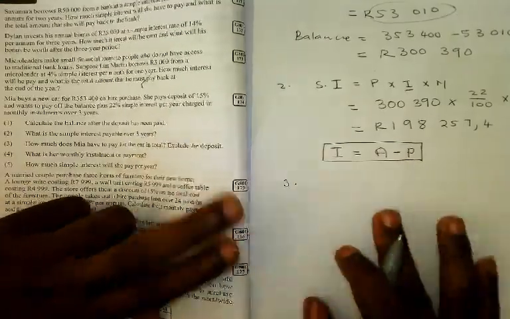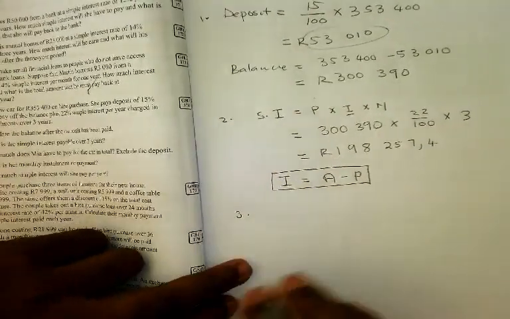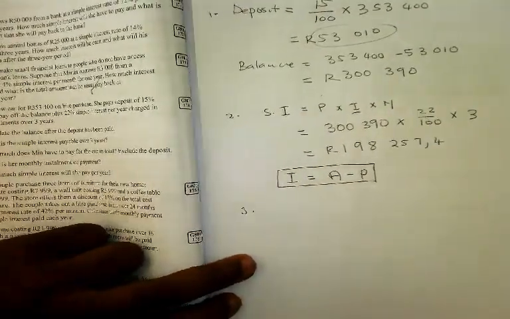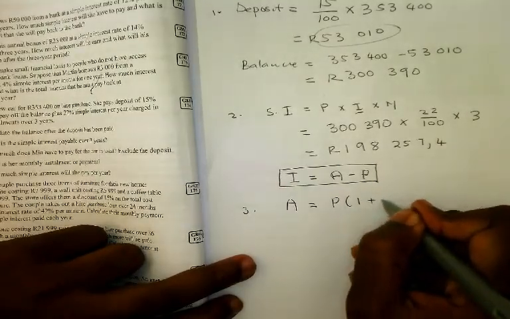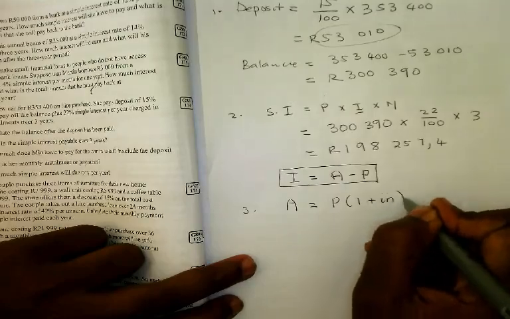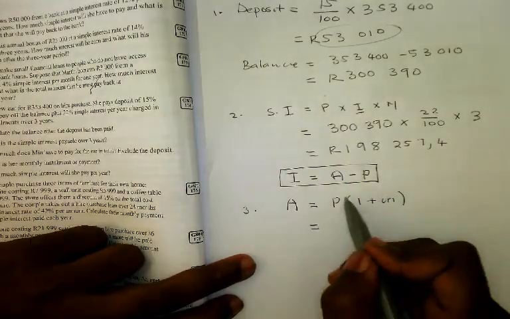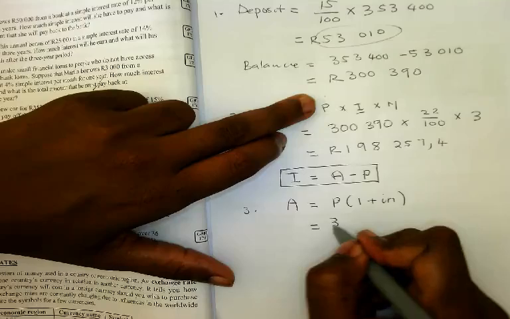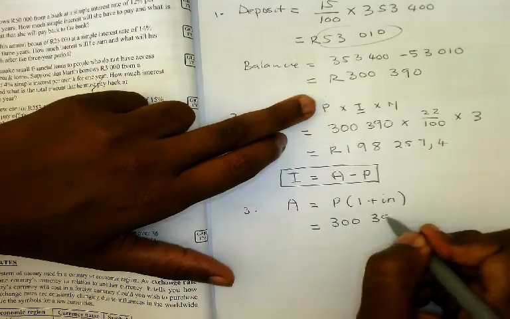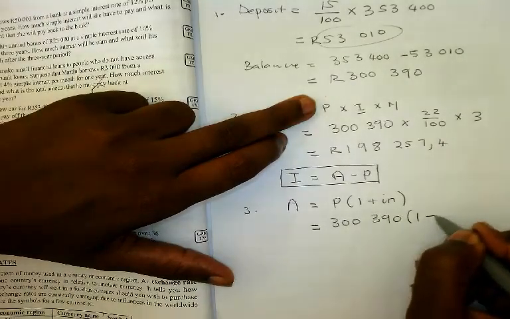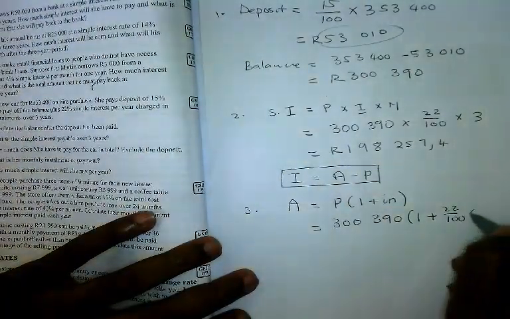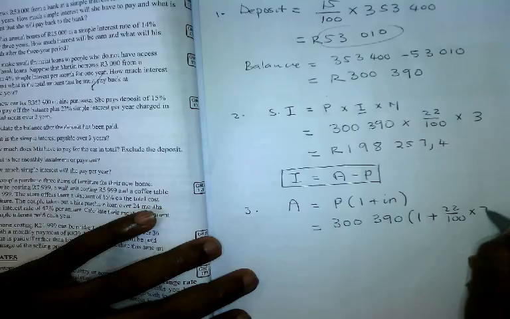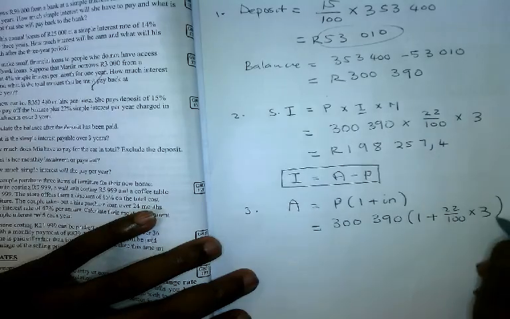We're going to use the PIN formula. So P, I'm going to put 300,390, open bracket 1 plus the interest, 22 over 100 multiplied by 3 years. If they want to know the total amount, they want to know the future value of the car.